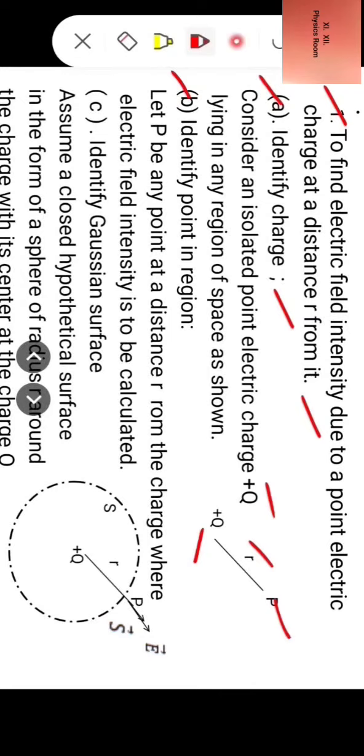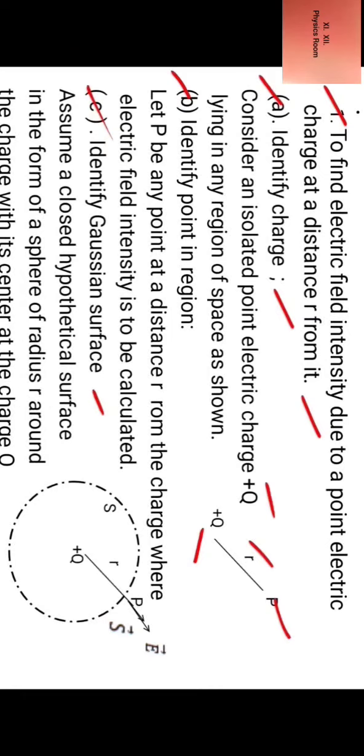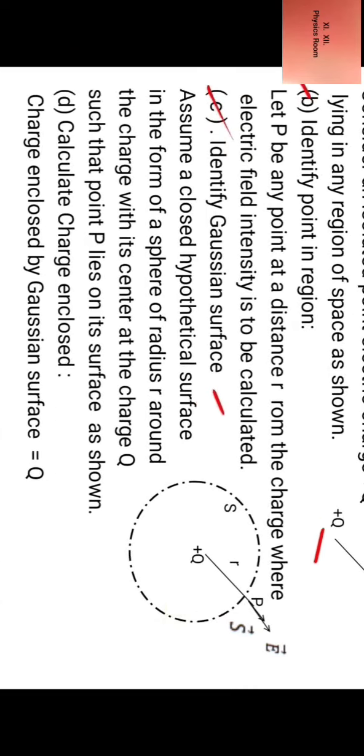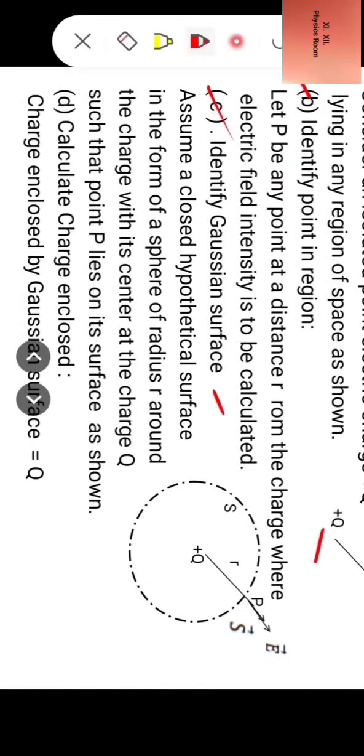C. Identify the Gaussian surface. Assume a closed hypothetical surface in the form of a sphere of radius r around the charge with its center at the charge Q, such that point P lies on its surface as shown in the diagram.